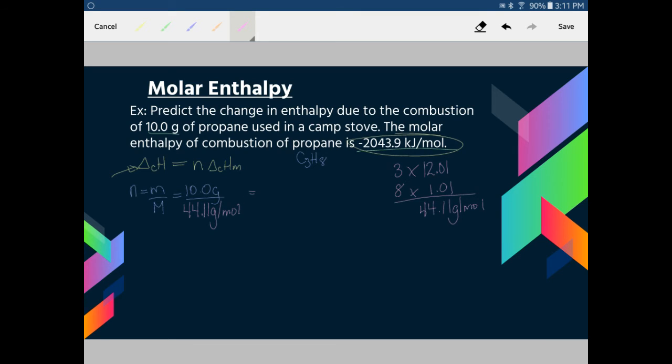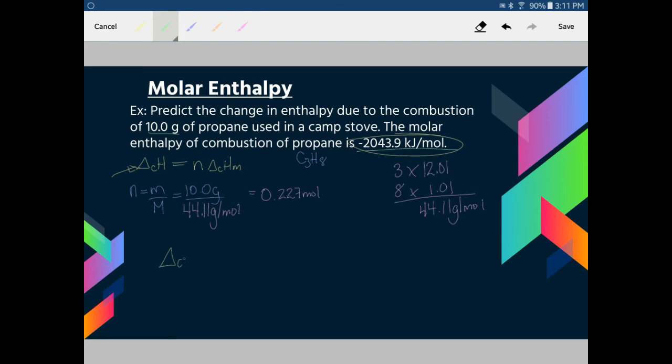So when I do this calculation, I simplify it and I get a molar value of 0.227 moles. Now, essentially, I'm just going to plug that into my value to calculate my enthalpy.